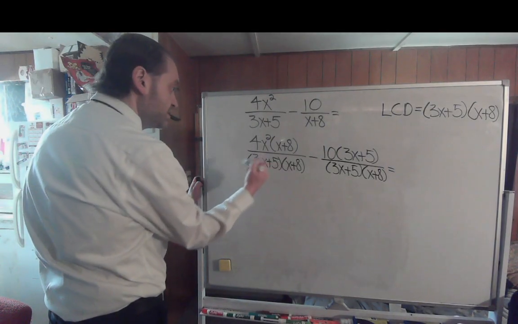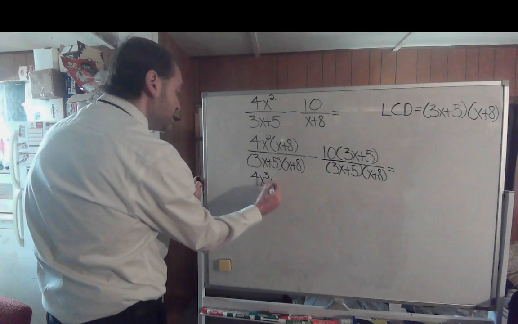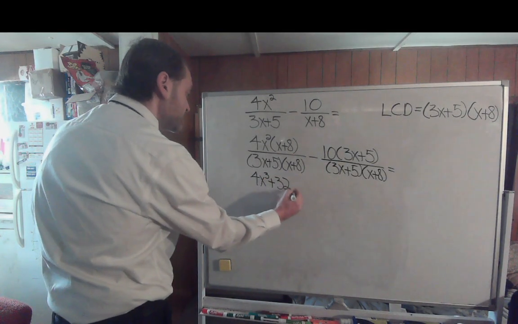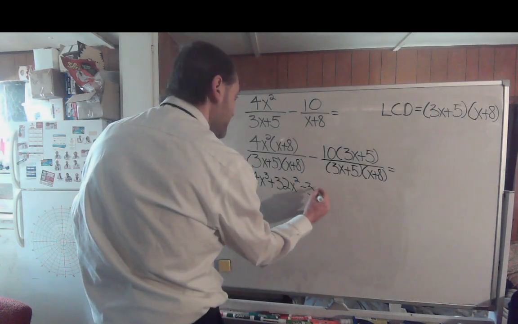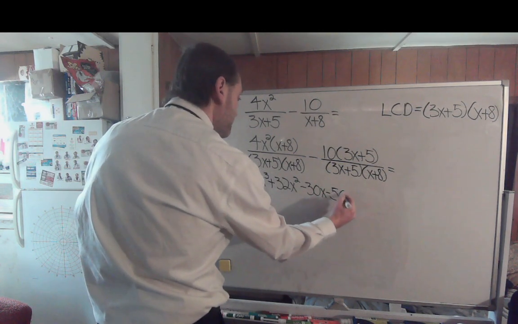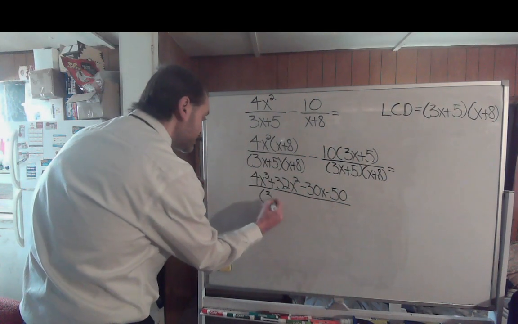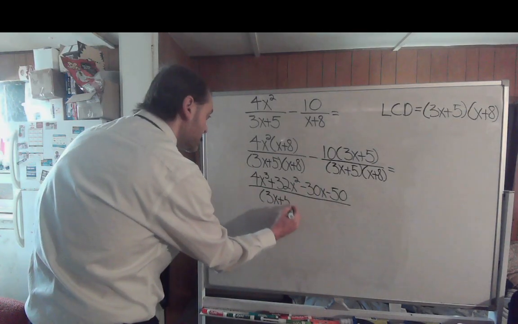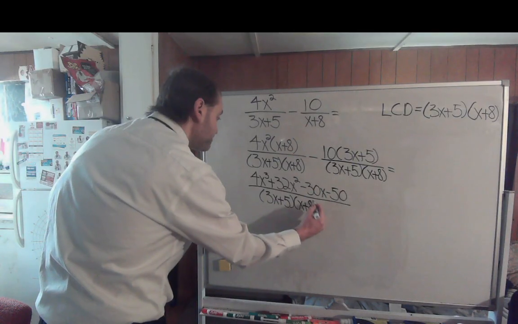So let's do some distributing. You would get 4x to the third plus 32x squared minus 30x minus 50 all over 3x plus 5 times x plus 8.